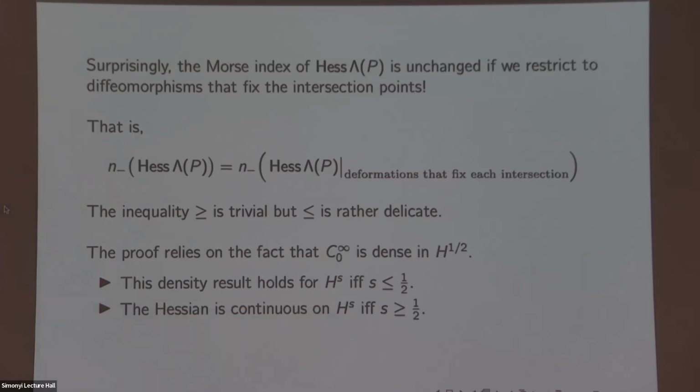And so somehow we're exactly at the right threshold, 1/2, where we can do this approximation argument and the Hessian is continuous. So we can do these very singular deformations, or very singular approximations of deformations, and still recover the full Morse index of the Hessian, seemingly without exploring a large subset of the parameter space.